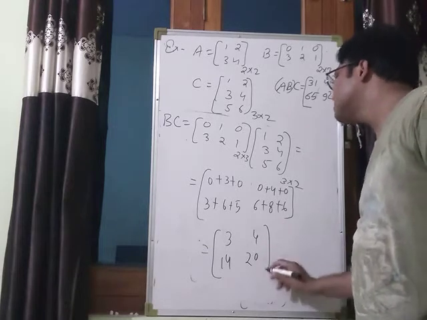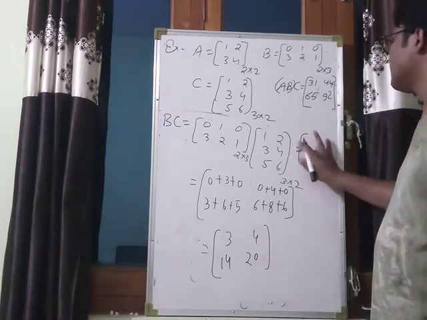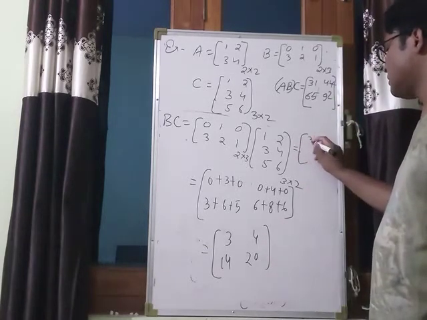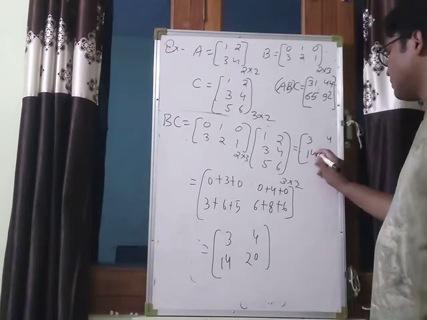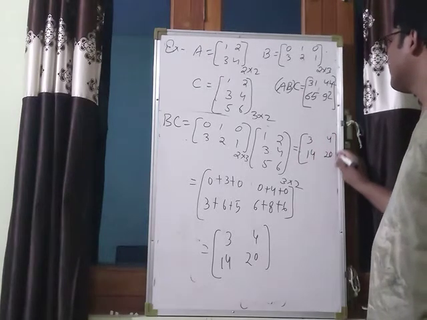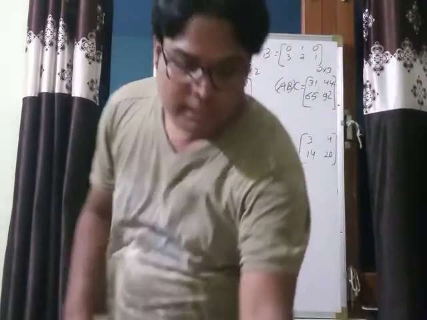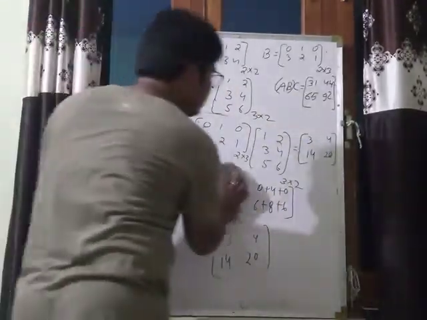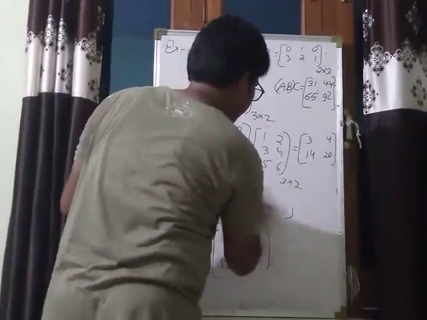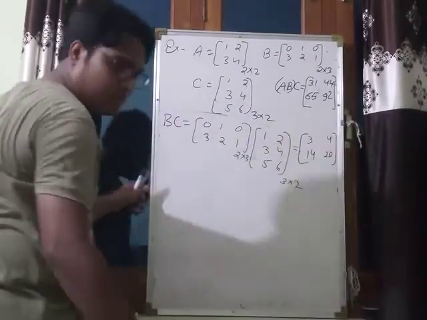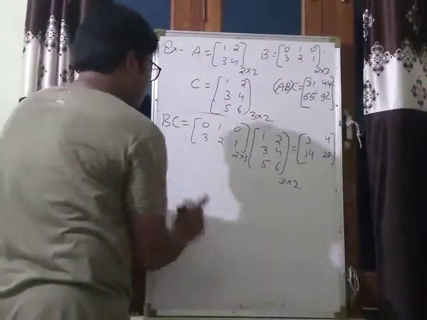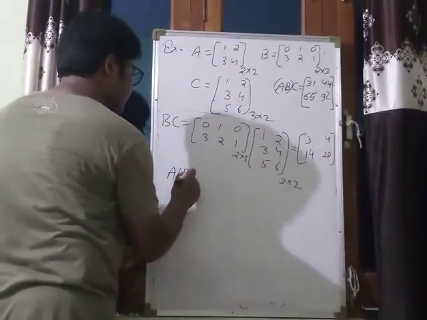Okay, so this is BC: 3, 4, 14, 20. Now I am going to find out A into BC.